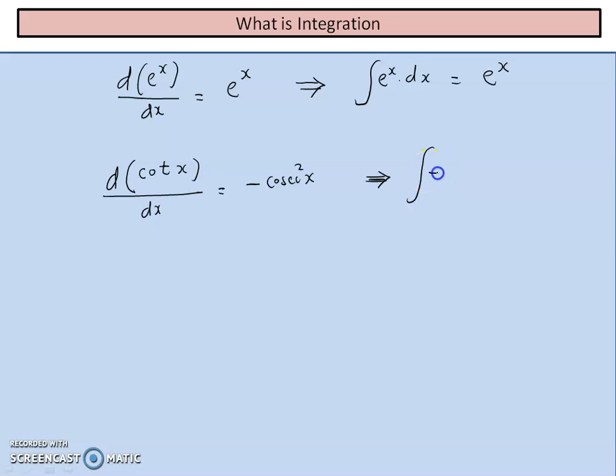Integral of minus cosec square x with respect to x will be cot x. Now remember, this integration is like a bracket. You can take this minus outside, multiplying minus 1 on both sides. So it gives integration of cosec square x with respect to x will be minus cot x.